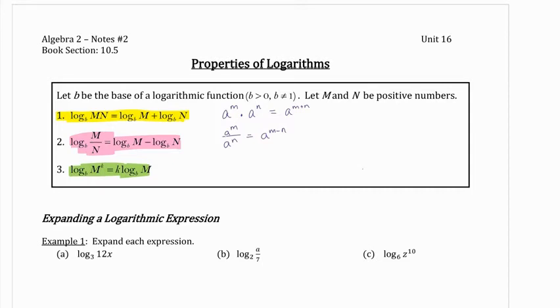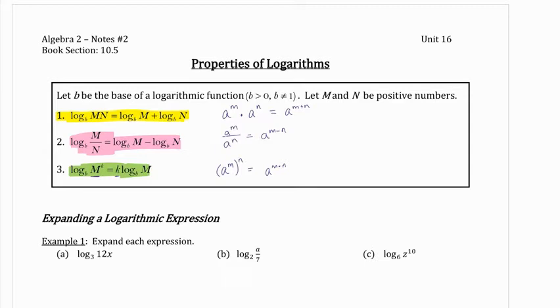So that one's a little bit different, but again, comparable to the rule where if I've got a power raised to a power, then that becomes a to the m times n. And over here, if I've got something raised to a power, the power comes out in front to be multiplied by the log. So it helps to remember your exponential rules to see how these new logarithm properties work, but they're following those same basic rules.